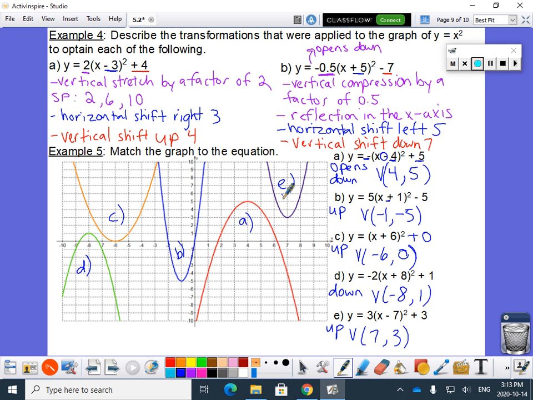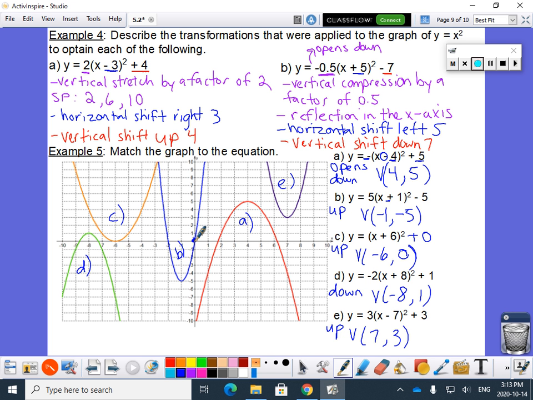Okay, so we were able to match up the parabolas to the equation using the vertex, but please keep in mind that the P and Q values also tell us the horizontal and vertical shift. So y equals x squared has a vertex of 0, 0. So really that would be right here. So for example, A, we know is going to move to the right 4 units.